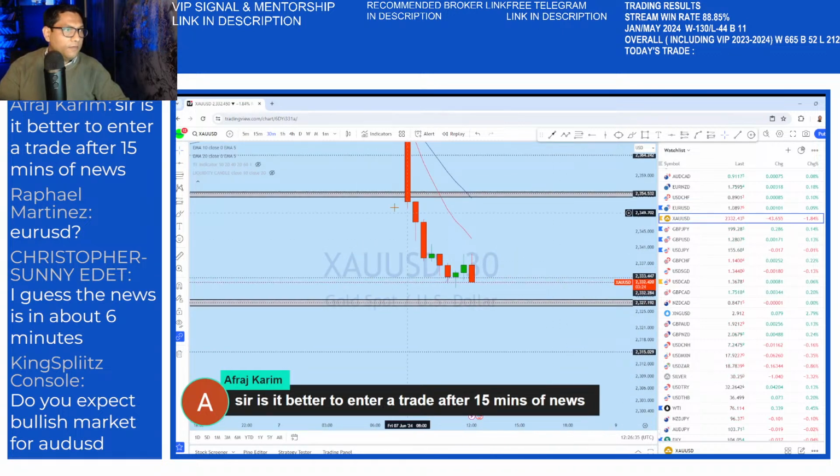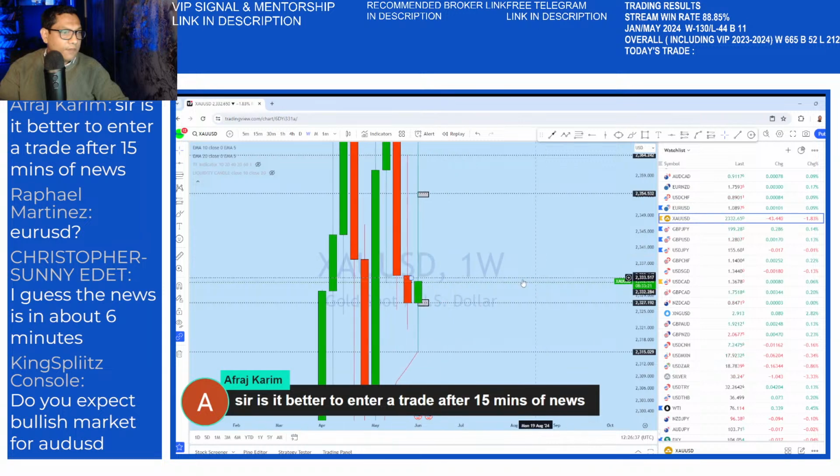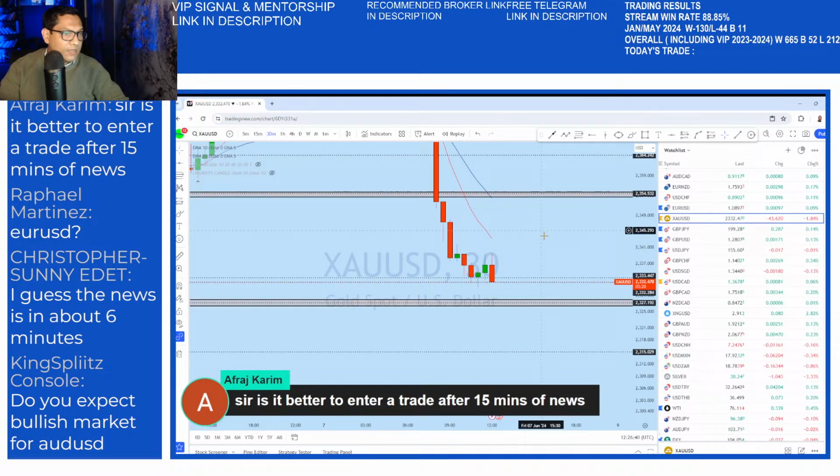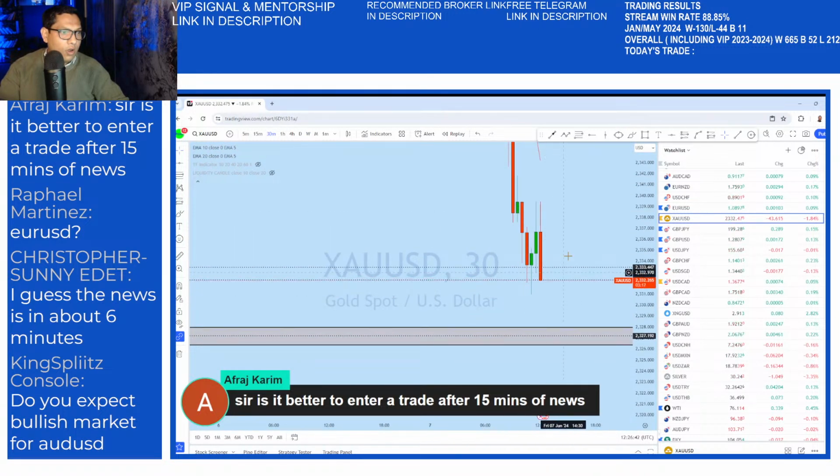Okay, so here it's dropping to the daily weekly support, and from that weekly support it's possible for a reversal.